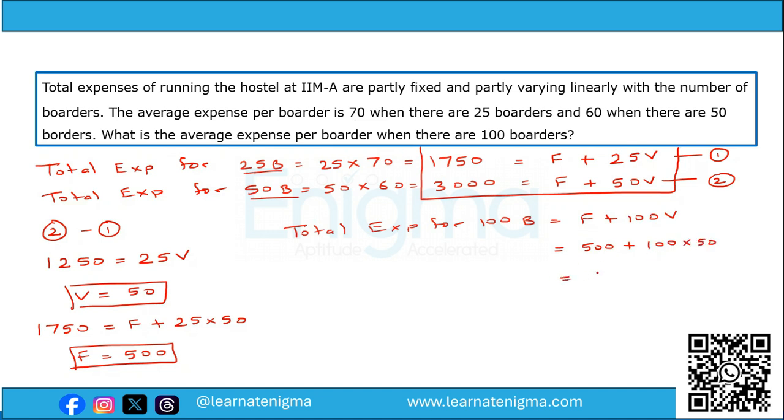So you have 5,500. But we are asked the average expense. So therefore average expense will be 5,500, that is the total expense, upon the number of boarders, that is 100. So final answer will come out to be 55.